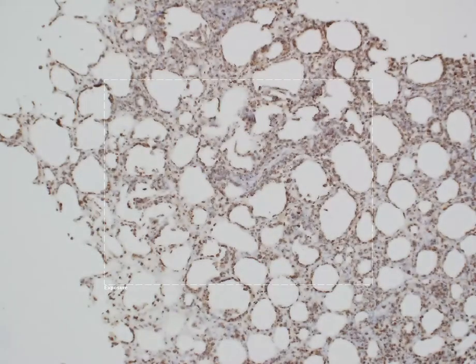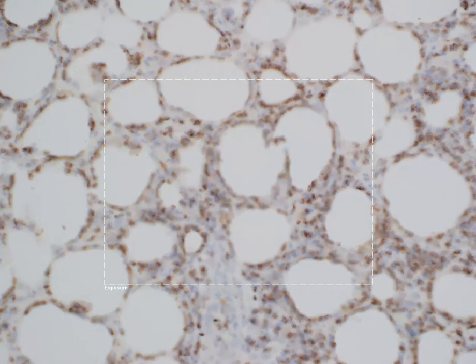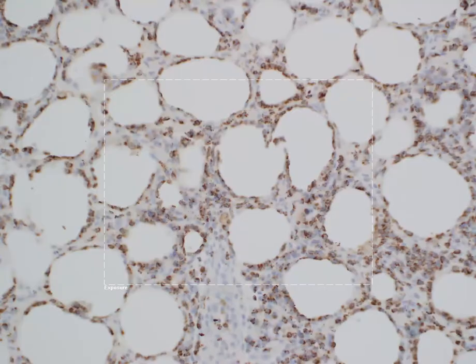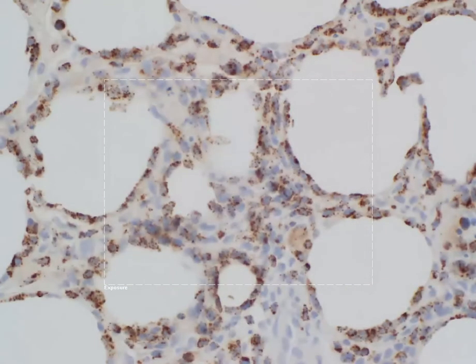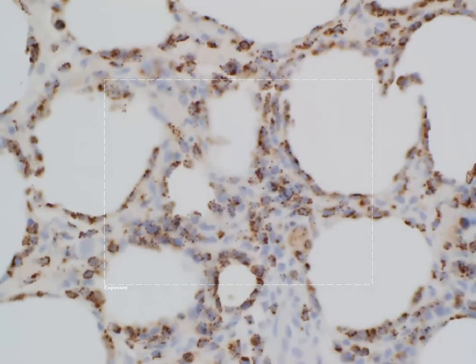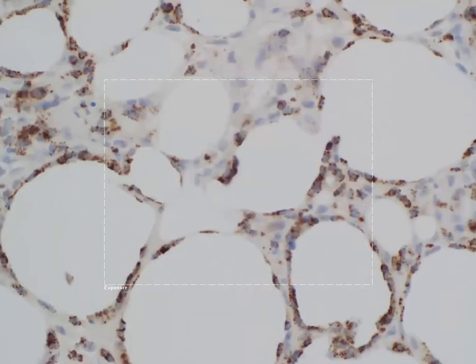So this is the TIA1 marker, and once again, draw your attention to the cells that are rimming the adipocytes, and you'll see that the TIA1 is also staining those atypical lymphoid cells. It tends to be a particulate stain, so you'll notice that it's very granular, but there's no mistaking the staining pattern of the rimming cells.